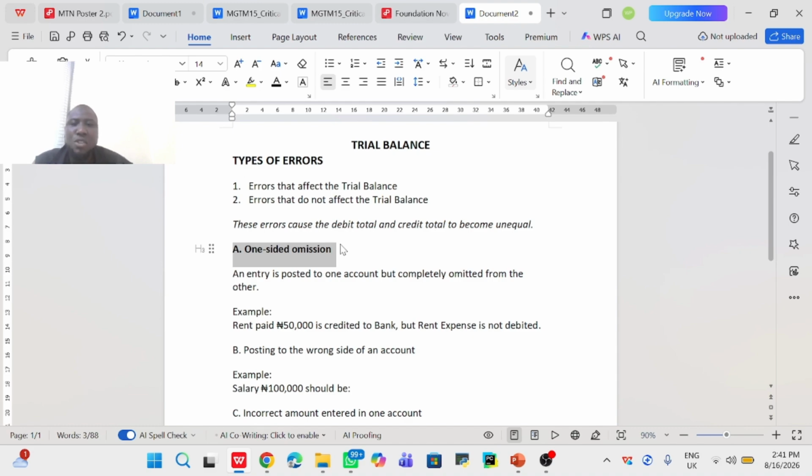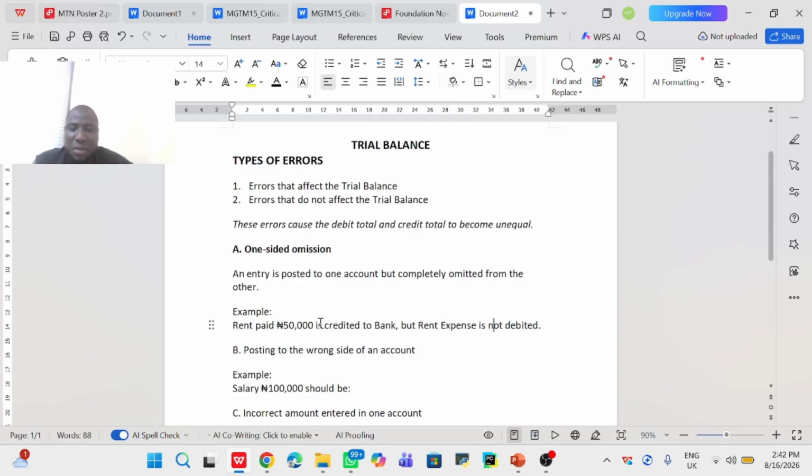Let me give you another example. Rent paid, 50,000 naira, is credited to bank, but rent expense is not debited. In this example, rent paid means you have to debit your rent and credit your bank.